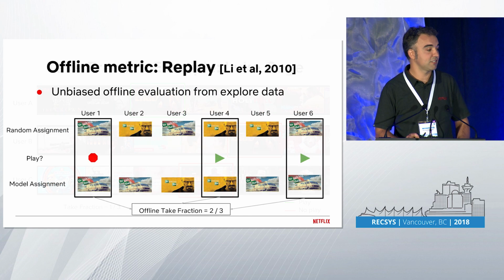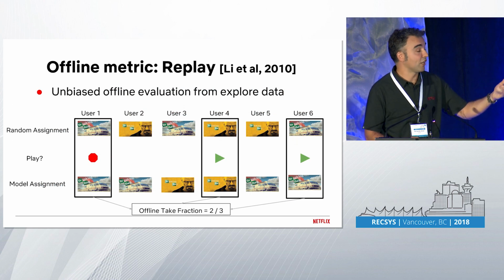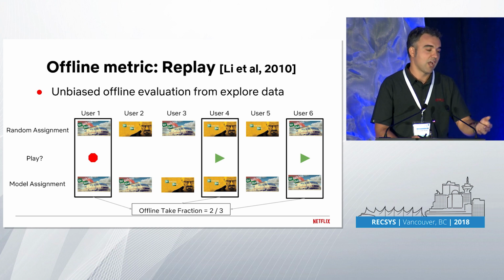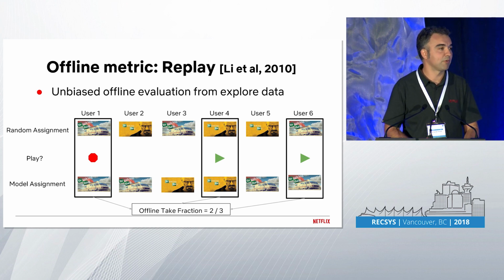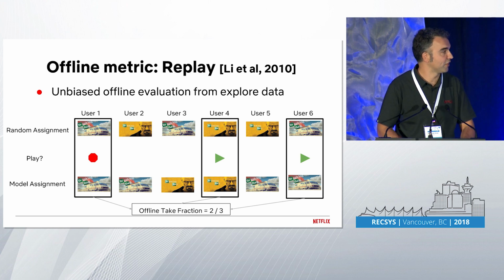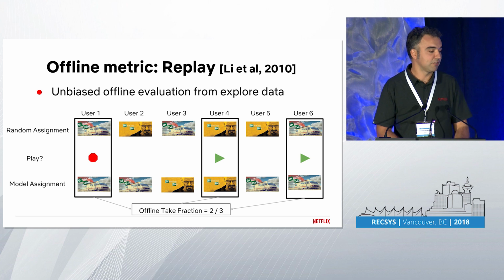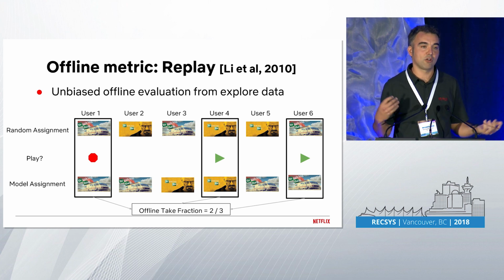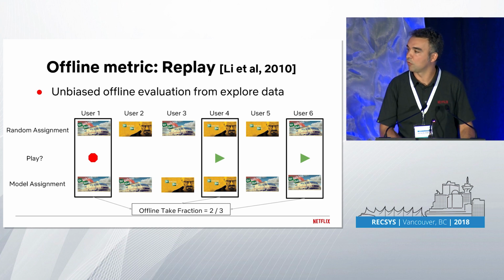The advantage of this is that you can also measure it offline for faster iteration. You can find it under replay or some other names, like counterfactual policy evaluation. And the idea is pretty simple. You have your historical data that you have logged from what I showed before with the randomized trials.